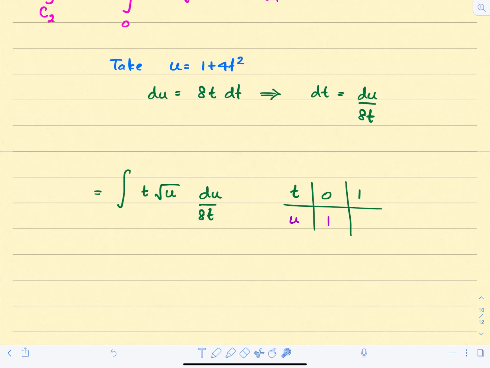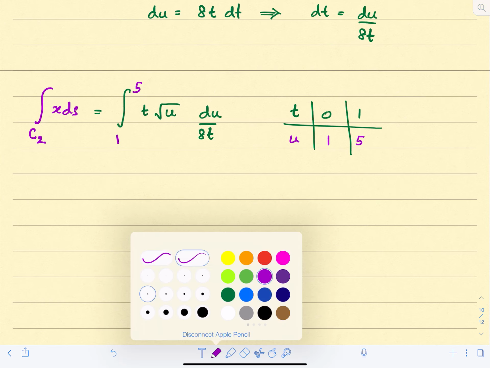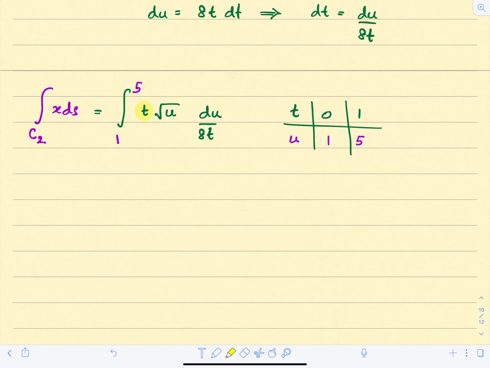If t equals 1, your u equals 5. So now the lower limit should be 1, the upper limit should be 5. Now as you can see, we can cancel this t with the t in the denominator, and 1 over 8 is a constant, so let's take it out.